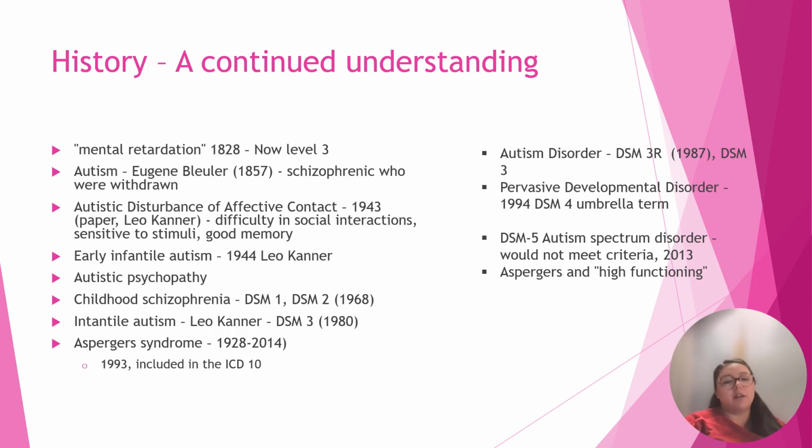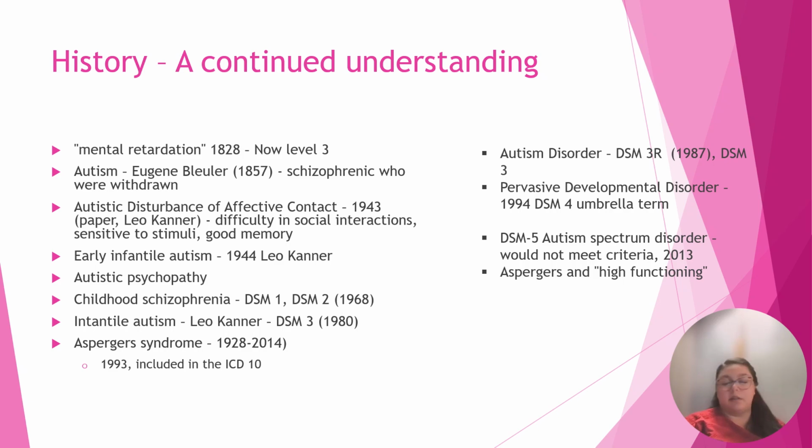Mental retardation was established in 1828, and now the criteria for that would be classified as level 3, because the spectrum really speaks to the varying experiences that a person has. Autism by Eugen Bleuler.